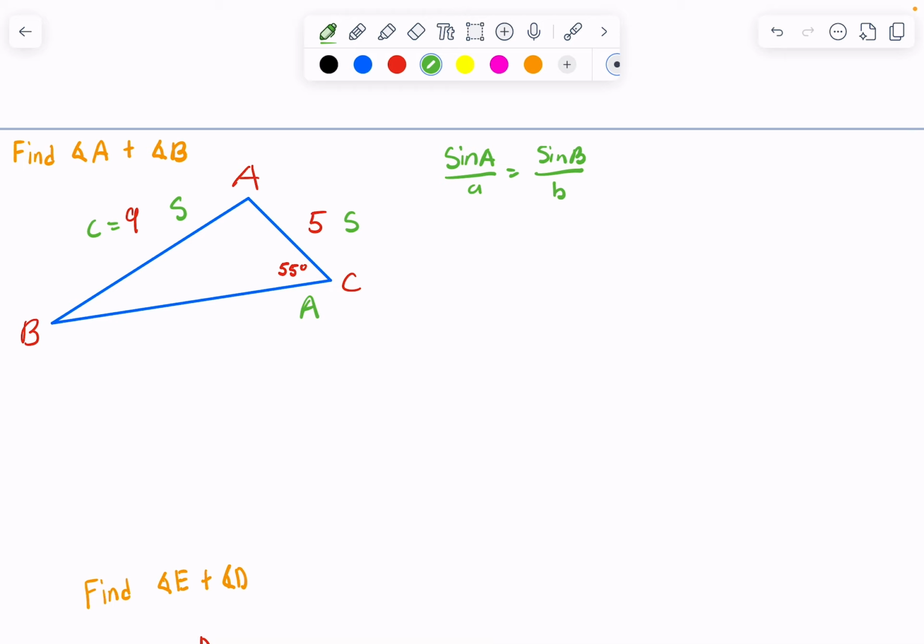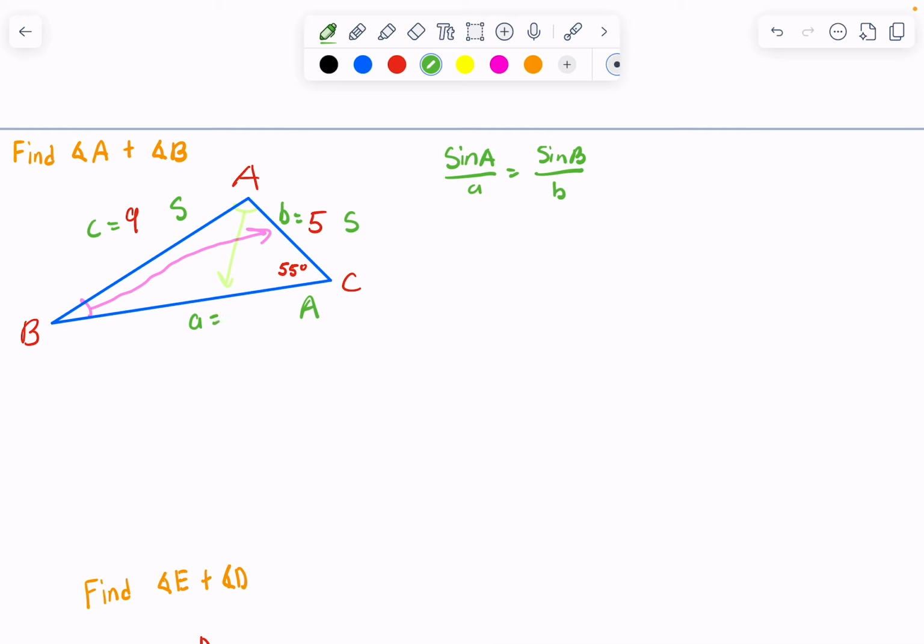And angle B's corresponding side would be here. So that would be 5. And angle A, its corresponding side is down here. So this would be side A.